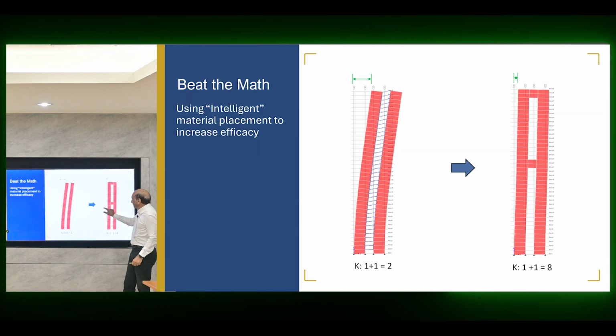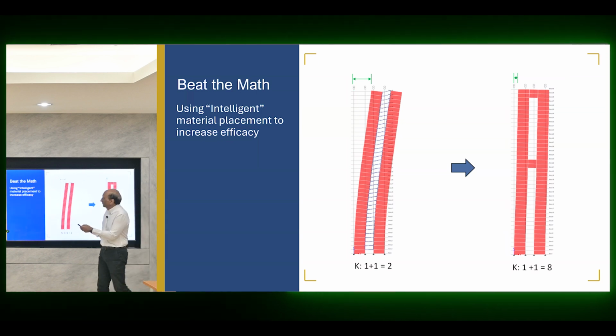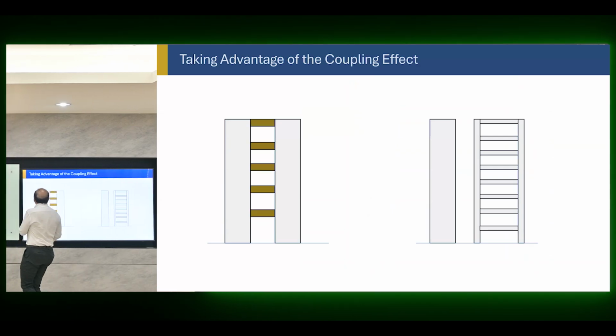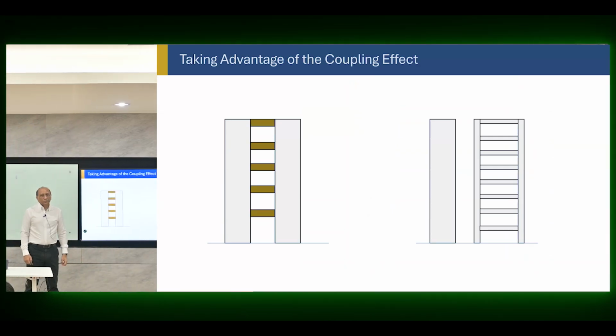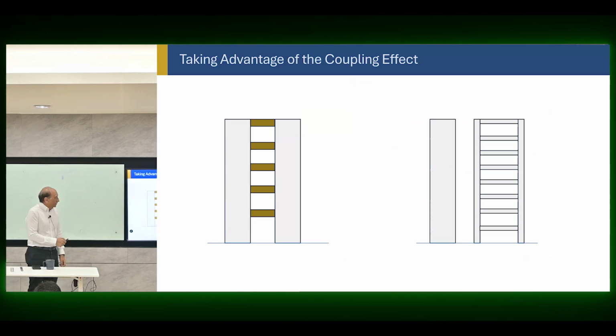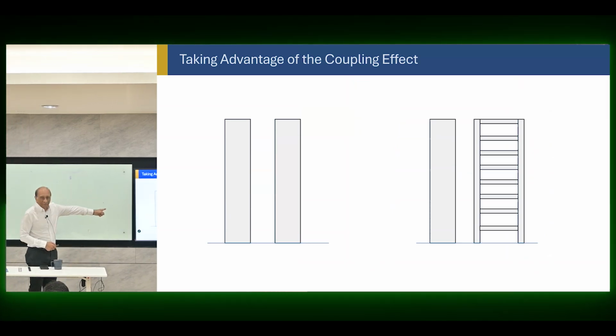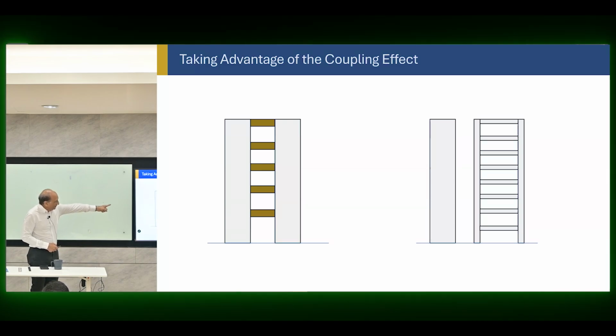I just made them work together by coupling them. So by using this coupling effect, now I can increase their response significantly. Instead of having these 2 walls acting separately, I couple them using coupling elements. And same, that frame and that wall acting independently, I couple them.